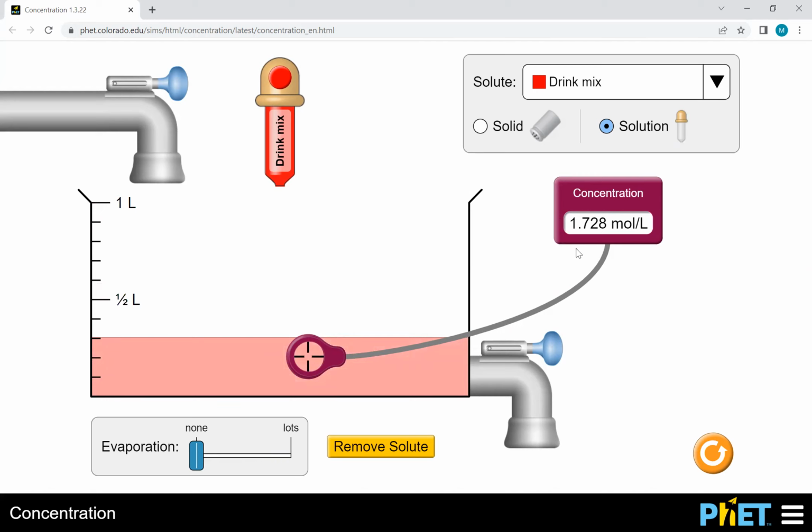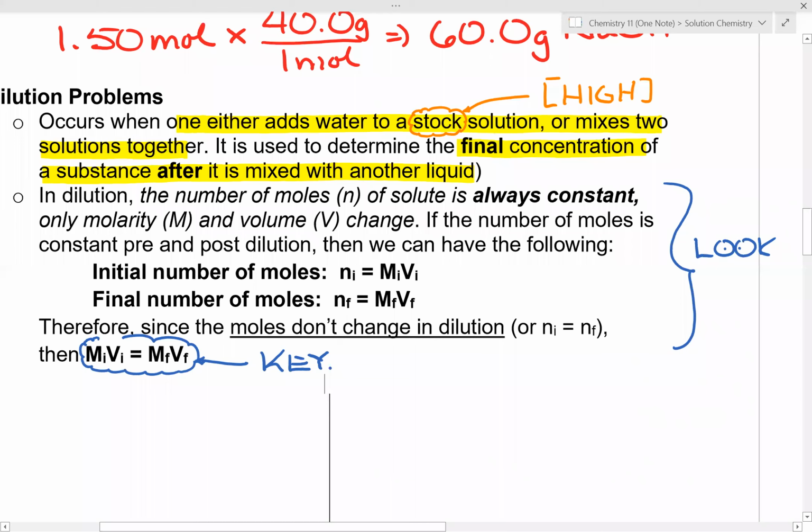So there's an inverse relationship between concentration and volume. If one goes up, like what I'm doing with adding water, the other goes down. Notice I never added any more drink mix. So that's what I mean when the number of moles is constant before and after dilution. That's what I said here.